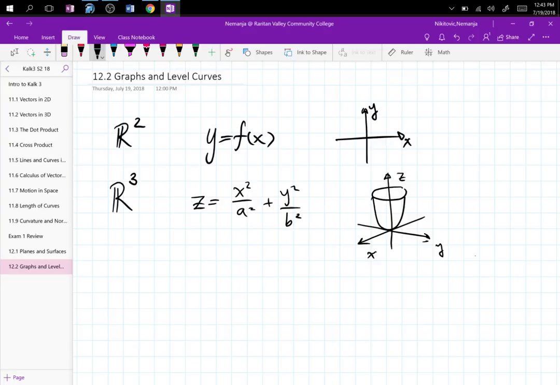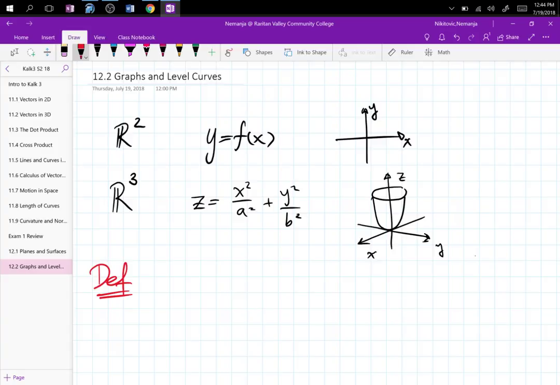Now we have to start with the definition of a function of several variables. First, before I write this, I will remind you of the definition from pre-calc for the 2D case. A function is a rule which assigns to each x in a domain a unique y in the range.